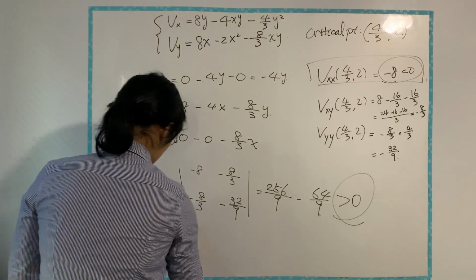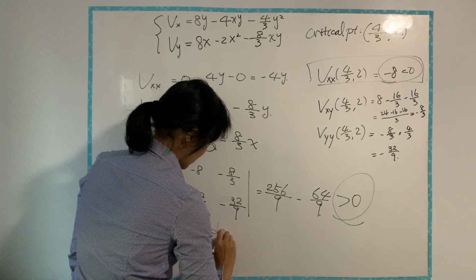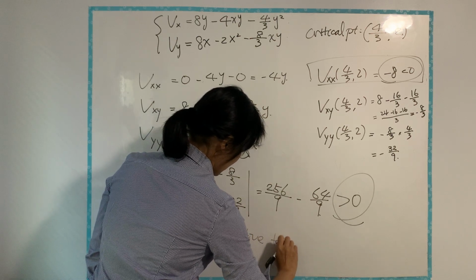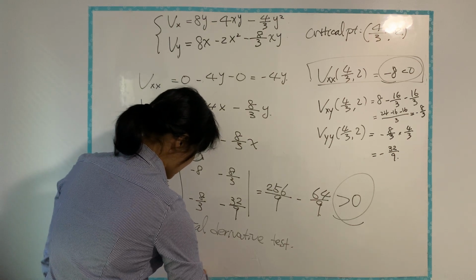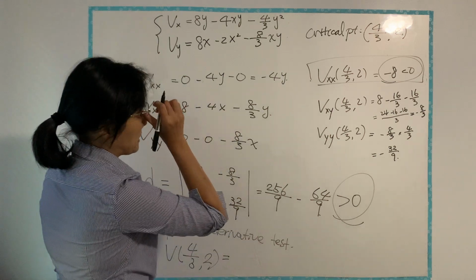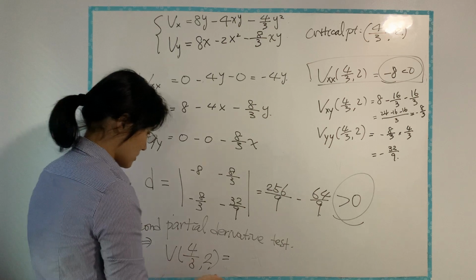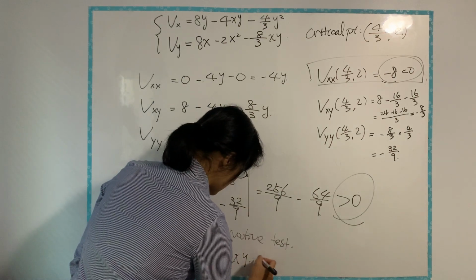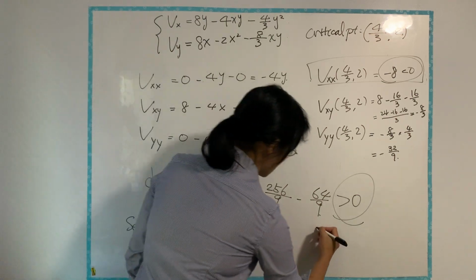Second partial derivative test tells you V at the critical point. Okay, you can evaluate this. So that would be, I don't remember, xy times, what is the V function?